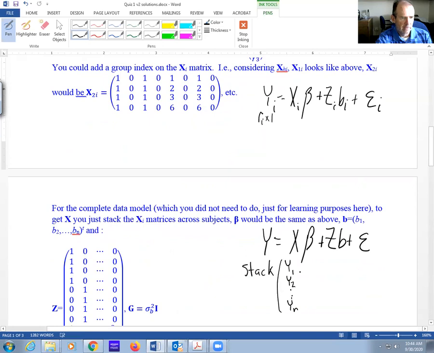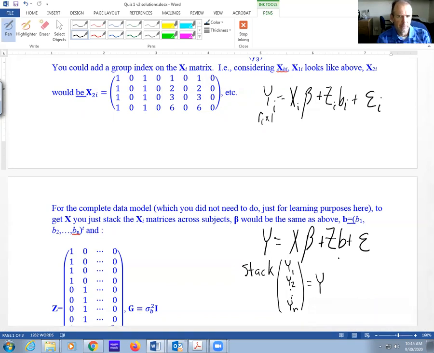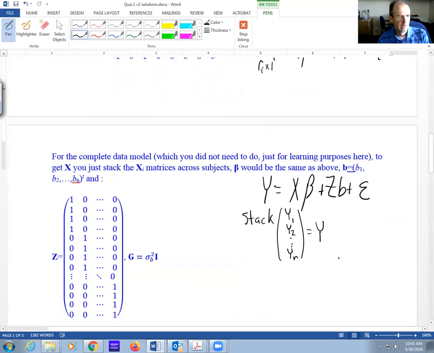You stack that to get your Y. And similarly, you either stack or place along the diagonal the elements on the right side. And if you go back to the slide set, it lays that out. So that's distinguishing the complete data model from the subject level model. Any questions through 1B?